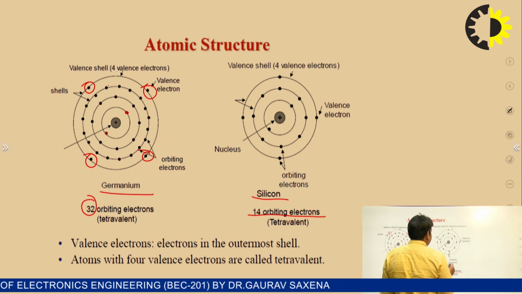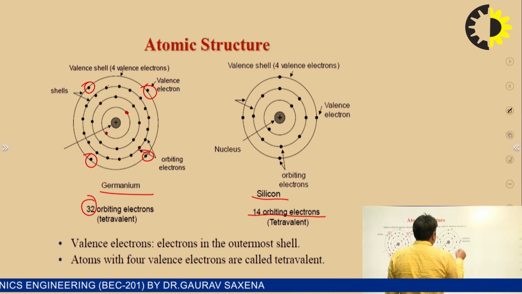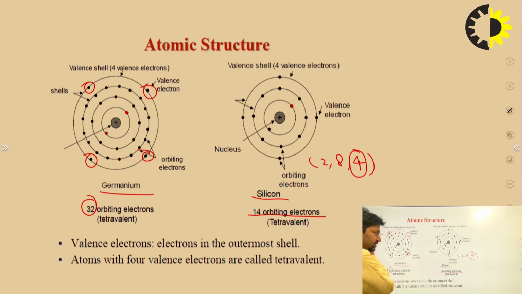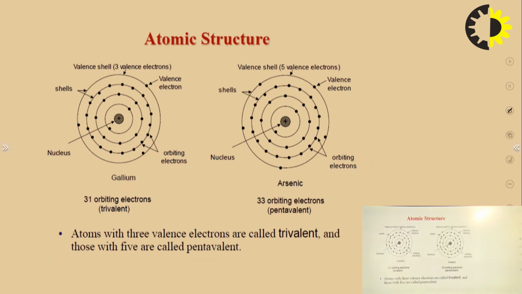The configuration is 2, 8, 4, so in the outermost orbit there are 4 valence electrons, which can be utilized to become an N type or P type material. So we can say this is a semiconductor material.